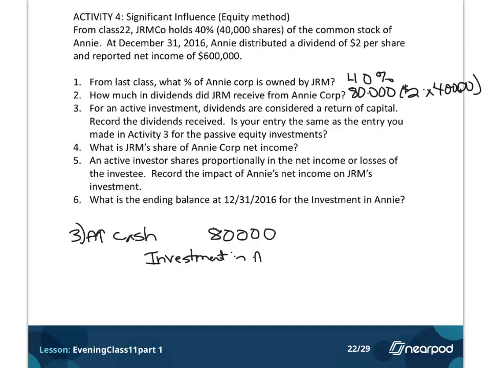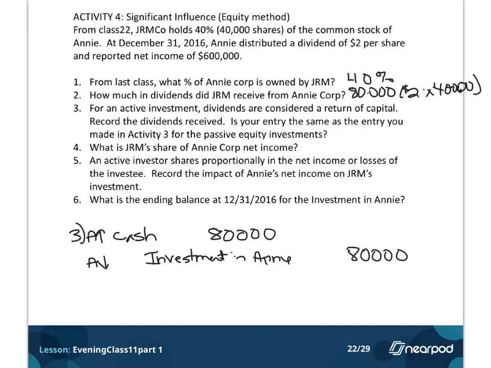So it's going to make our investment smaller. It's like we're getting our money back, part of that investment that we made. So that's not really revenue. That's what return of capital means. You're just getting some of your money back. All right, so that's what our entry looks like to record the dividends.